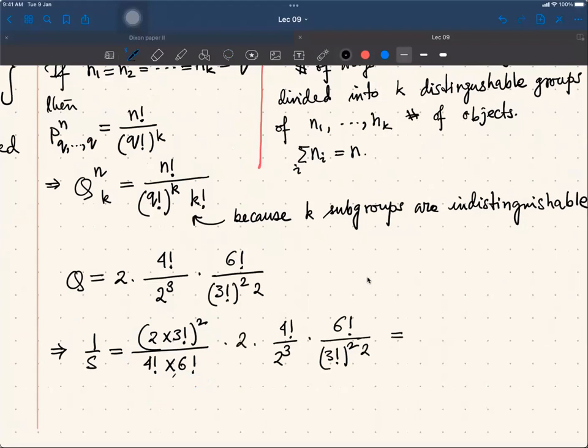So factorial 6 cancels, factorial 4 cancels, factorial 3 square cancels. Then you have 2 square times 2 to the power 3, divided by 2 to the power 3 times 2. So the result is half, which is what we expect. So that is the proof of the result.